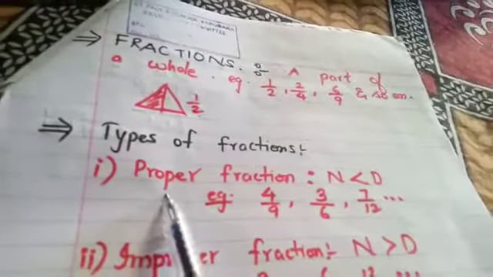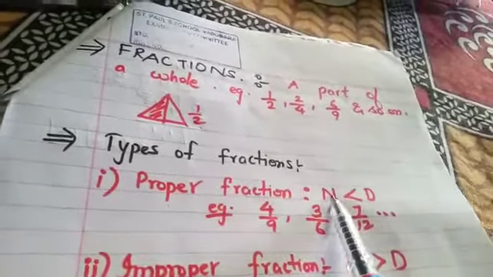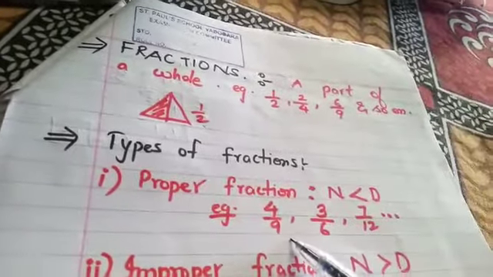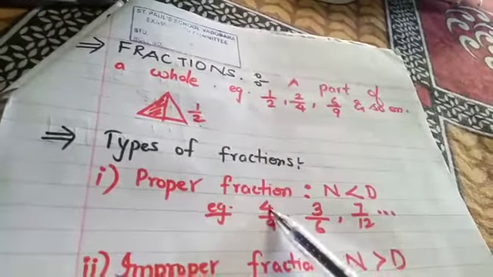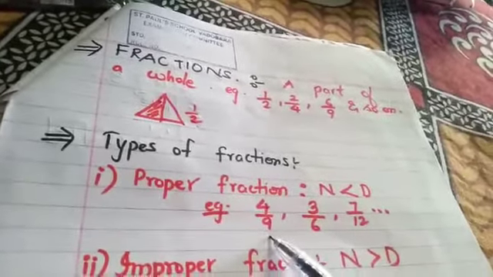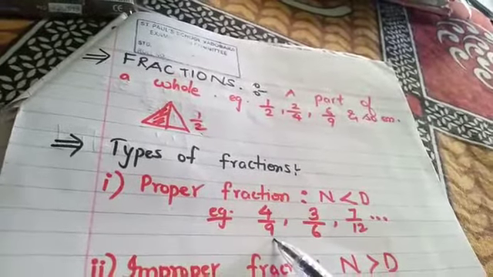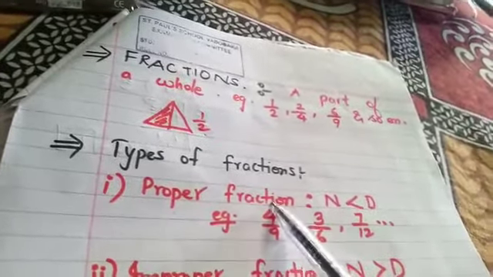Okay, now types of fractions. First is proper fraction. What is a proper fraction? If the numerator is smaller than the denominator, suppose 4 upon 9, this is called the numerator, this is called the denominator. So the numerator should always be smaller than the denominator. It is called a proper fraction.